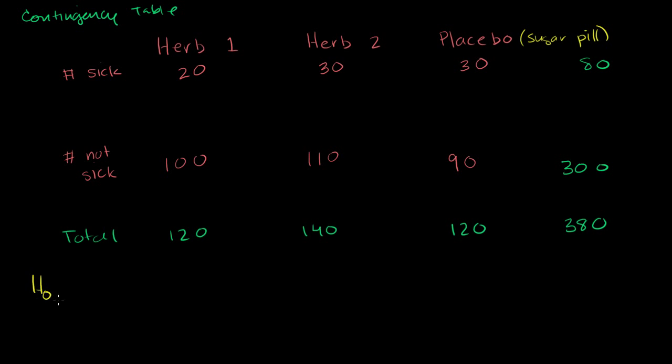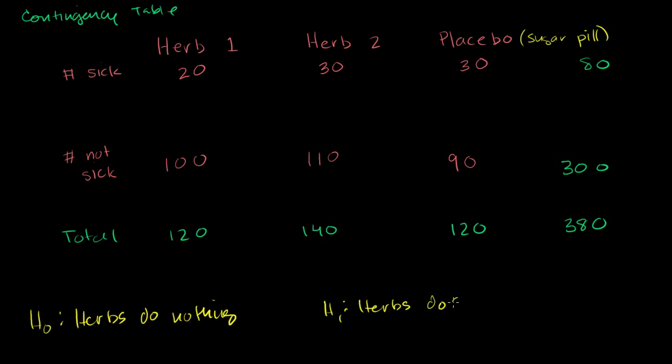And our alternative hypothesis is that the herbs do something. Notice I don't even care whether they actually improve. I'm just saying they do something. They might even increase your likelihood of getting the flu. We're not testing whether they're actually good, we're just asking, are they different than doing nothing?